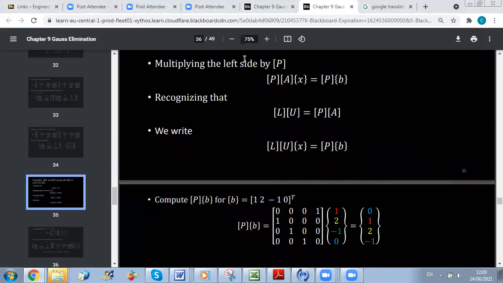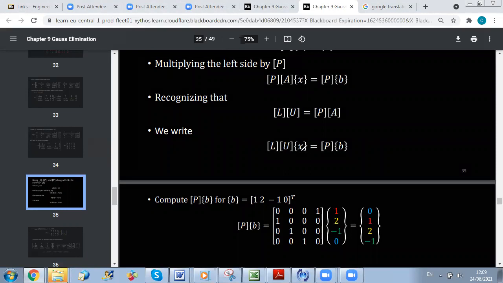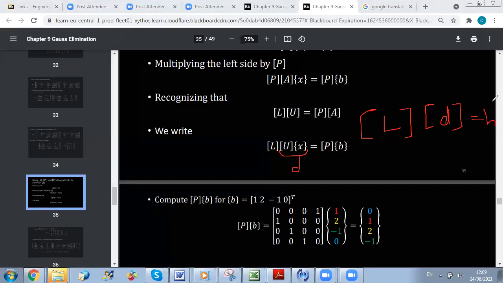I need to solve for U times X. As we said, after writing L times U times X equals P times B, we defined U times X as being vector D. And we will now solve for D. To solve for D, we will use the equation L times D equals B prime. This is vector B prime, which we found by doing P times B. It's 0, 1, 2, minus 1. So now we will use the matrix to find D.